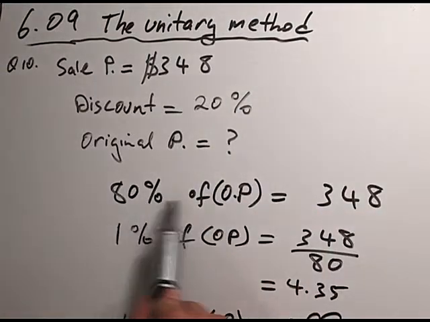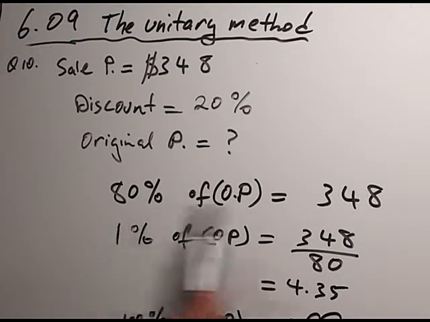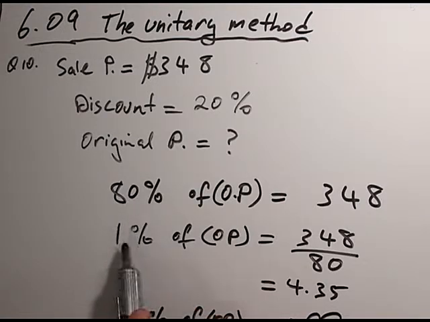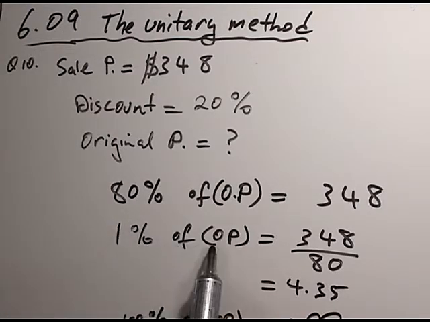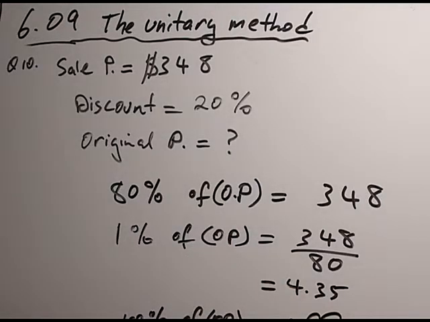The unitary method means I divide both sides by 80 to make 80% down to 1%. 1% of it is going to be 348 divided by 80, which works out to be 4.35. If that's 1%, then 100%, which is what I'm looking for, is going to be 100 times 1%, which works out to be $435. That's the original price of the game system.